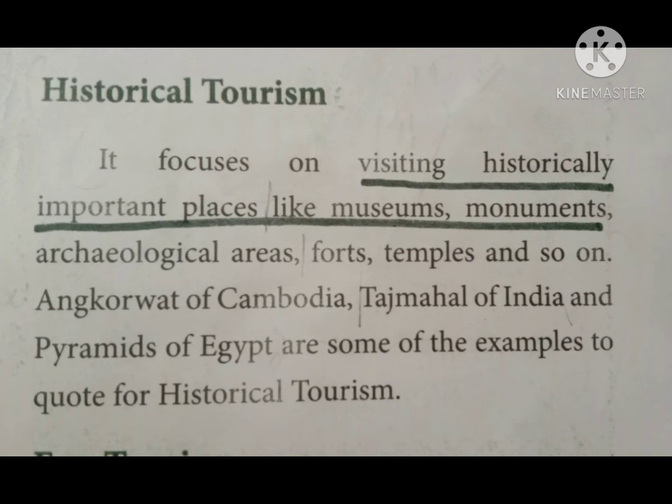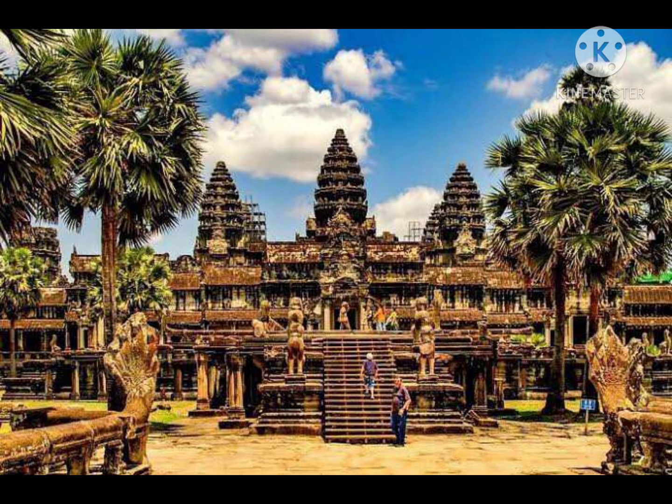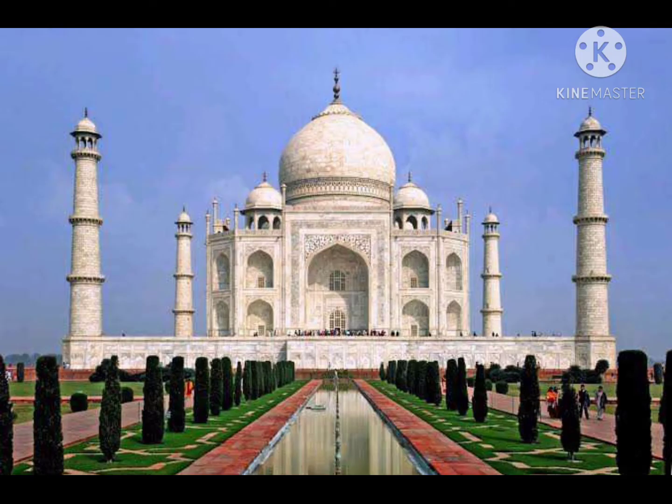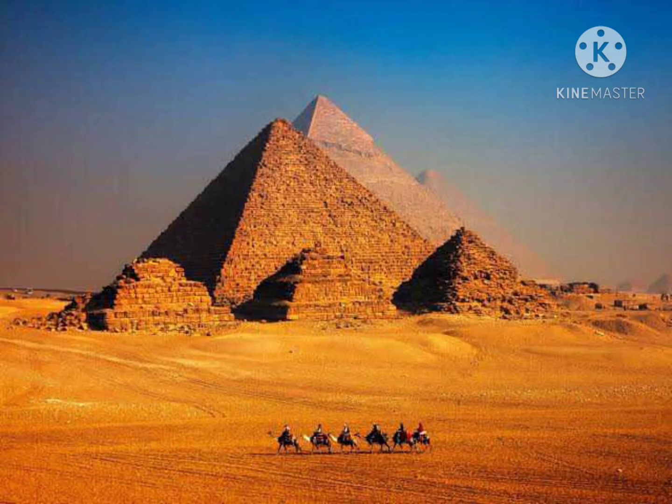Here we have some examples for the historical tourism areas. They are Angkor Wat Temple of Cambodia, Taj Mahal of India, Pyramids of Egypt. These are all some examples for the historical tourism.